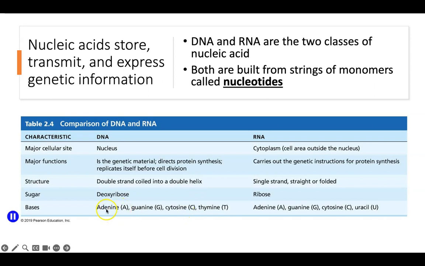And then finally, we can see in DNA, we have different bases that are found within these nucleotides. So these bases include adenine, guanine, cytosine, and thymine, so A, G, C, T. If you take a look in RNA, it's AGC, but then uracil, or U, replaces thymine.